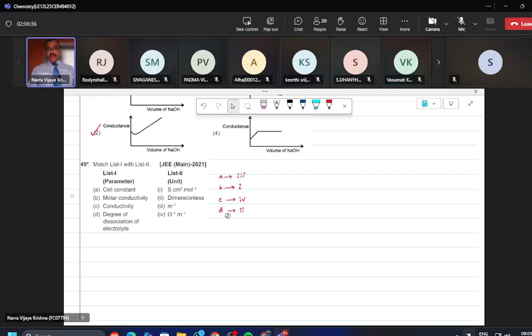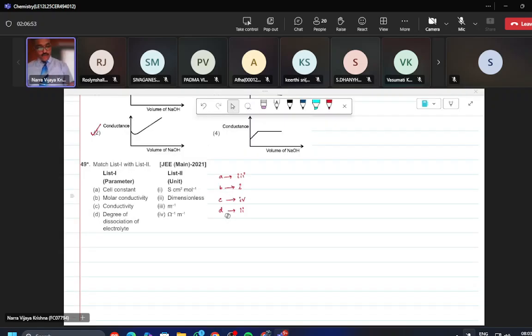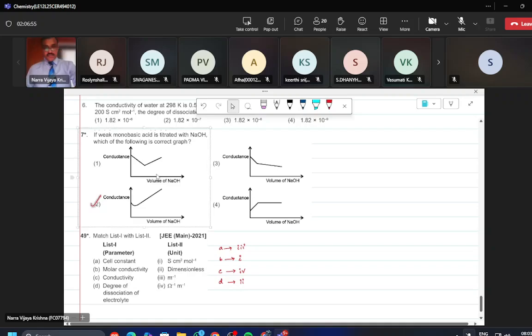Question number 52. That is also a waste question. Benzoic acid versus NaOH. How is the graph? First option. I am not solving it. Or I will do one thing, I will delete this.